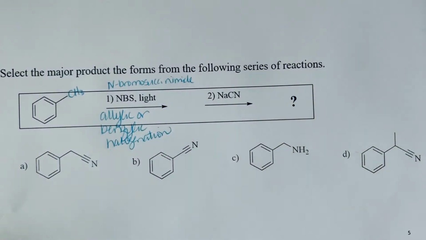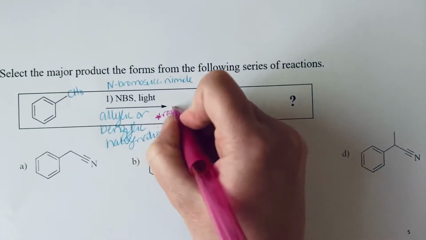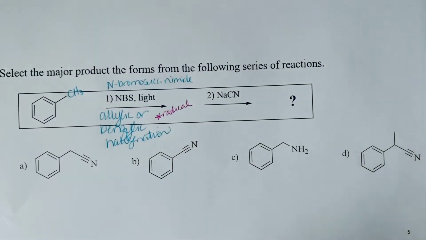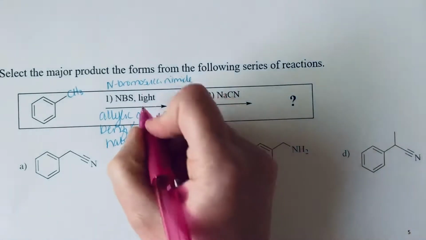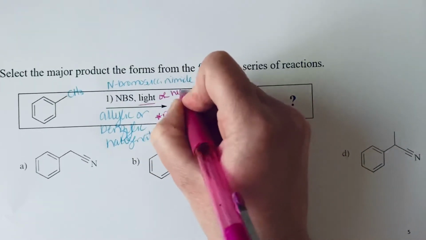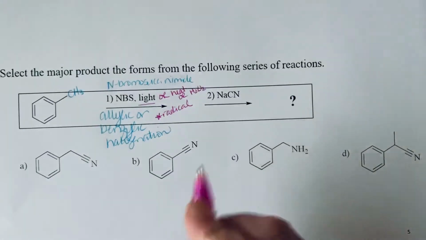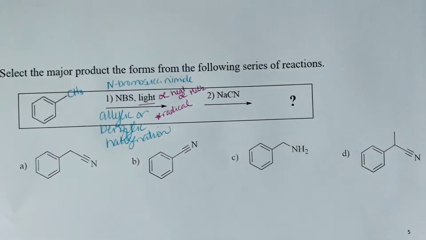And so this is a radical reaction. One of the things is that this reagent NBS is a clue to us, because we see this for allylic and benzylic halogenation. Light is also one way that you can initiate a radical reaction. You could also see heat, or this could also be initiated by peroxide, or some combination of these three are common conditions for initiating a radical reaction.